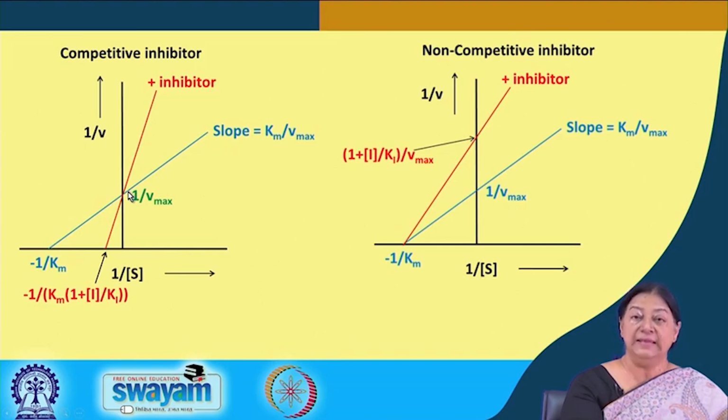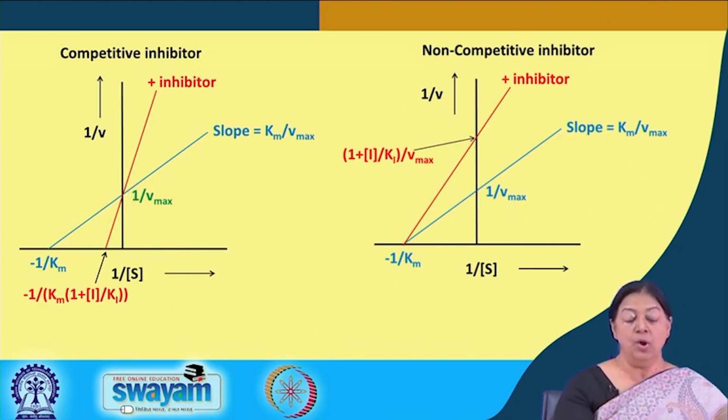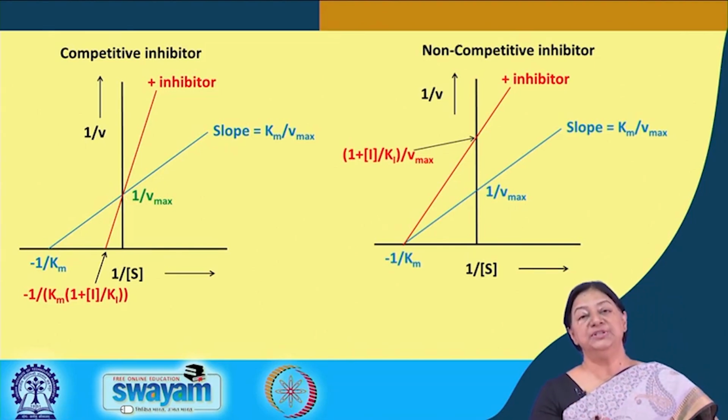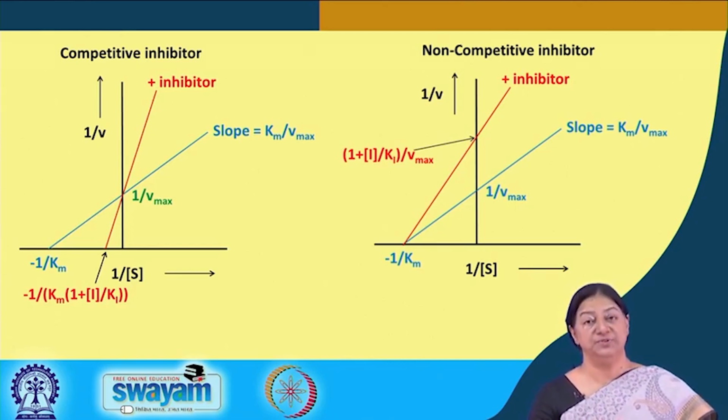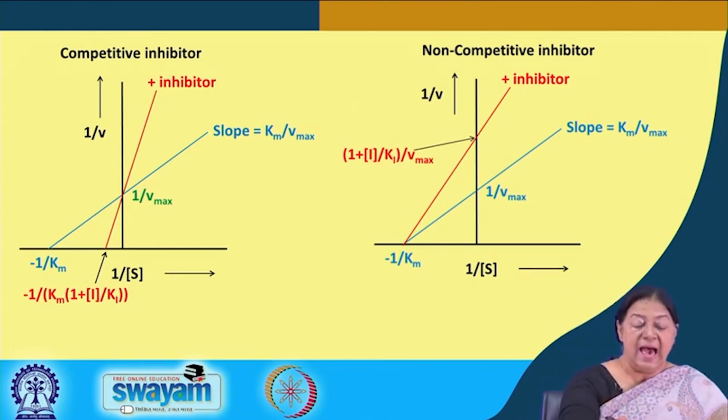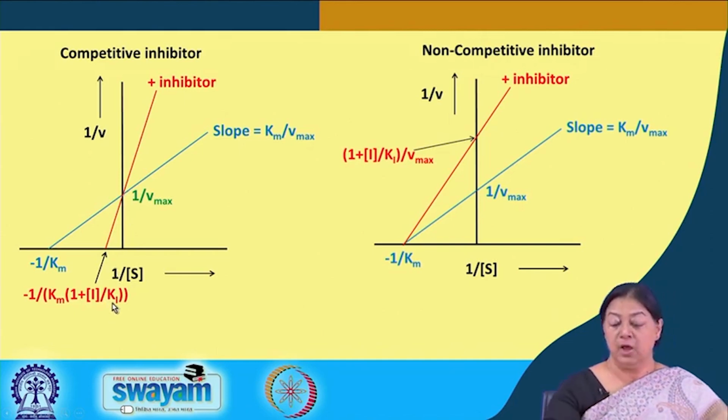As we add inhibitor, we will know that to reach the same Vmax, we have to have a larger substrate concentration, and the addition of inhibitor will create such a line that intersects on the y axis, because the same Vmax is attained and we get a different Km value.